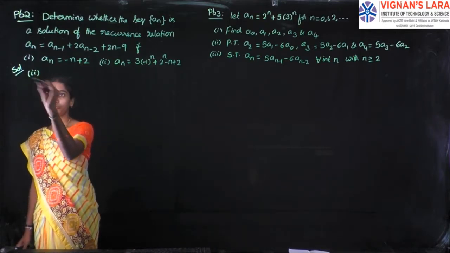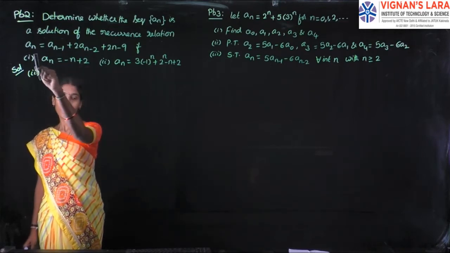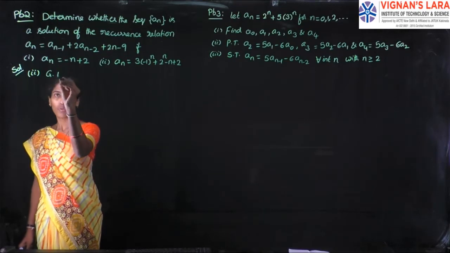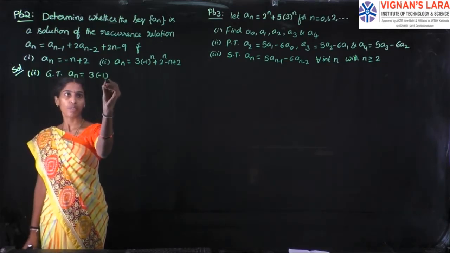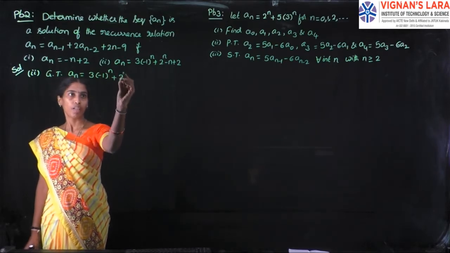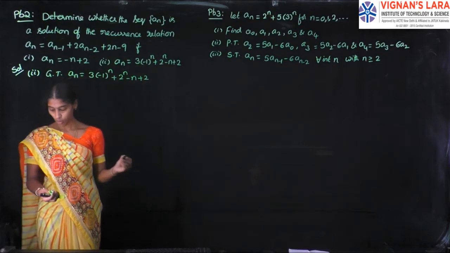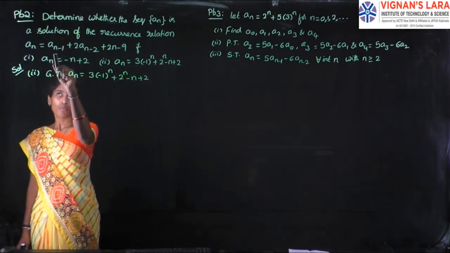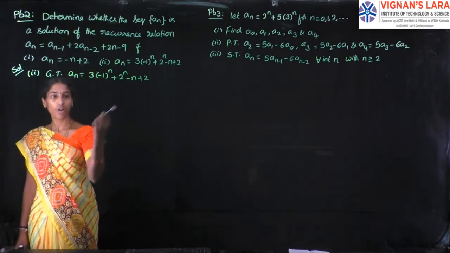Second one. First check what the terms of the recurrence relation are. First is an, that is already a given value. So given that an = 3(-1)^n + 2^n - n + 2, and the terms involved in the recurrence relation are an-1 and an-2 also.